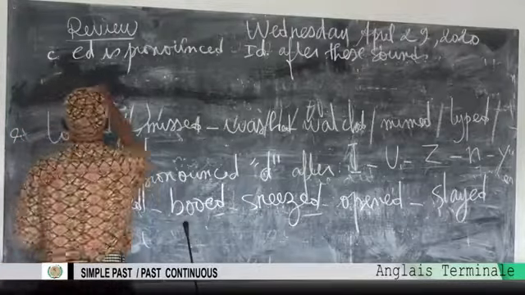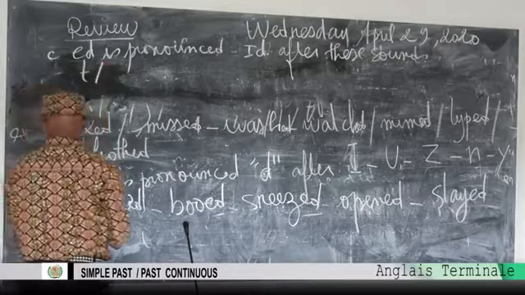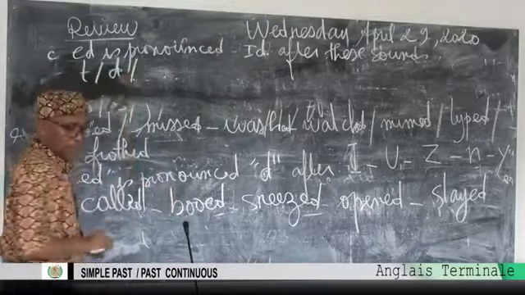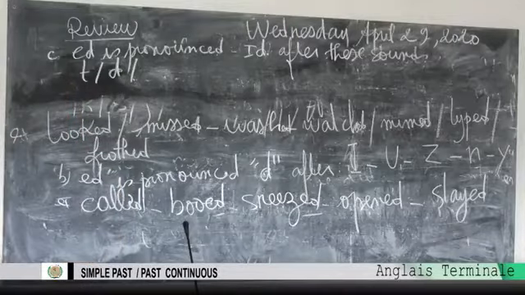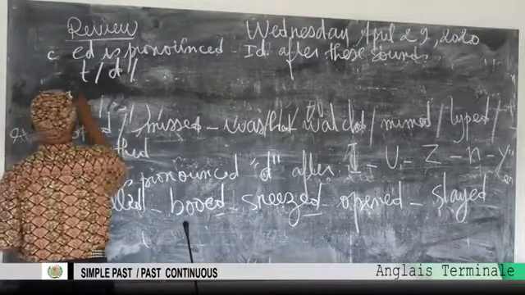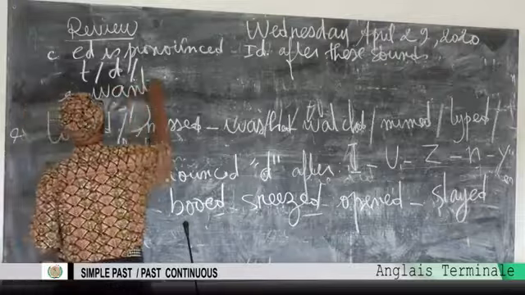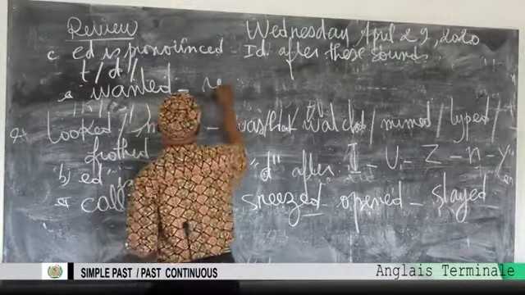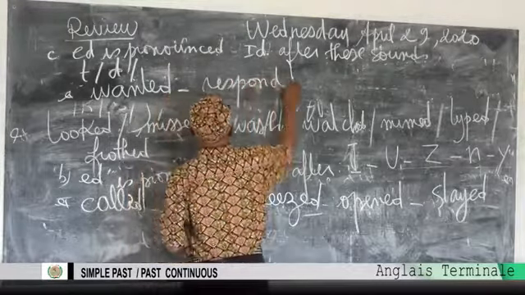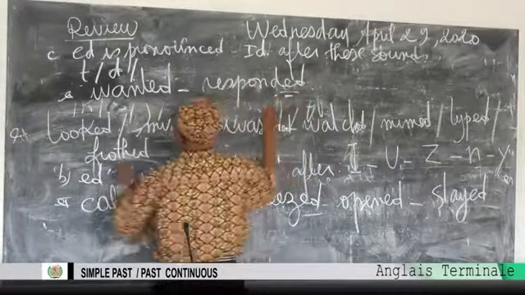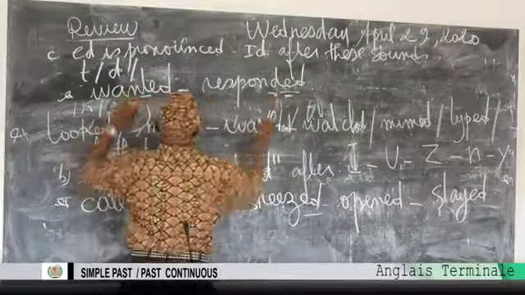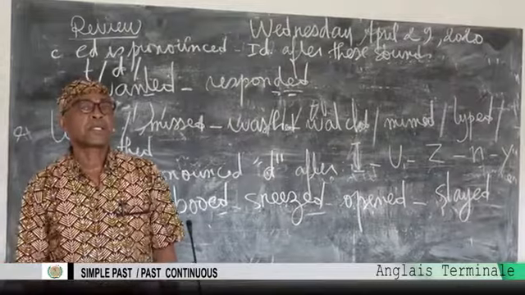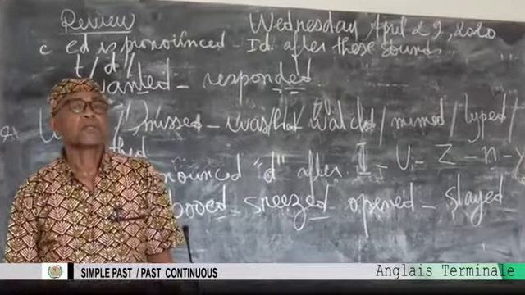After t and d. For example, wanted, it's a t, and responded. Responded. See? You have the t and the d sound. So we are going to make a short break. We'll resume in a few minutes.